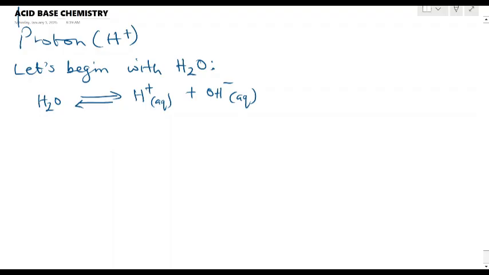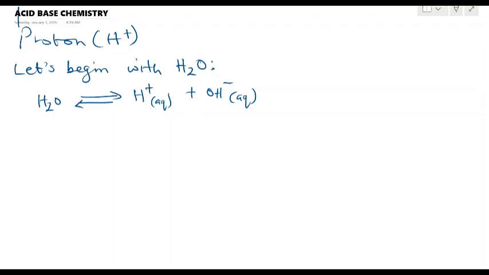From our general chemistry, we want some sort of numerical measure of the extent to which something dissociates. In other words, the amount of the proton, H plus, or the hydroxide, OH minus, that is floating around in water.